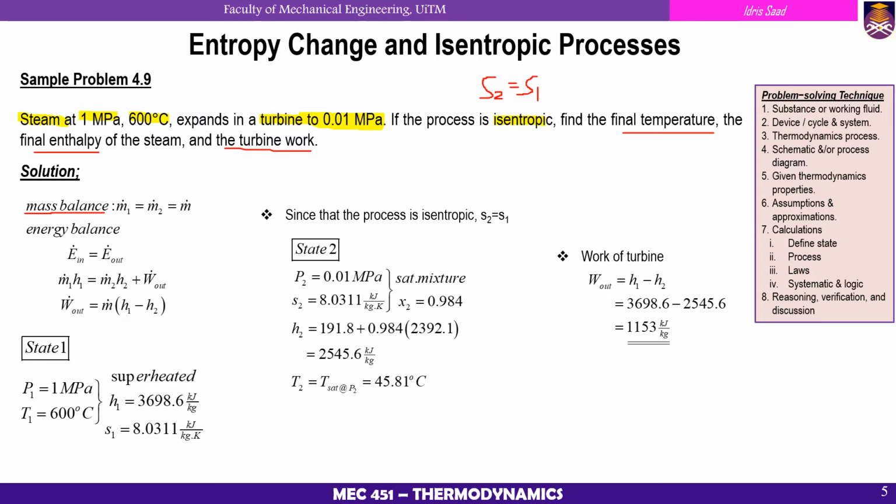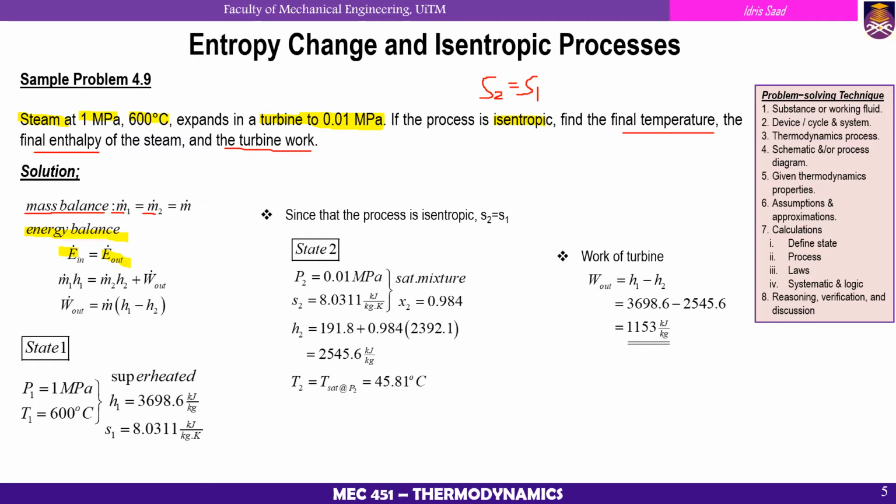In this case, the mass entering the system is equal to the mass leaving the system. From this, we can define our energy balance equation: the energy that enters the system must equal the energy that leaves the system.